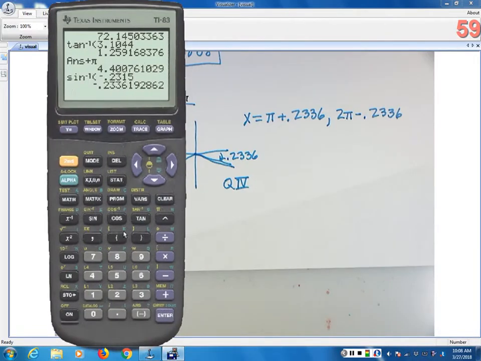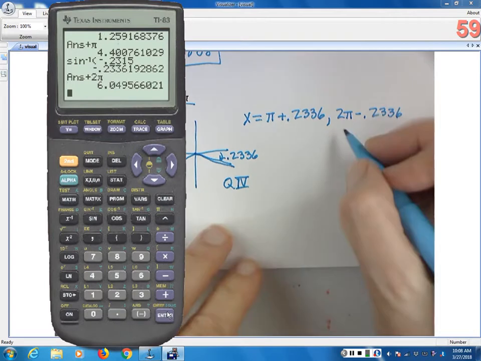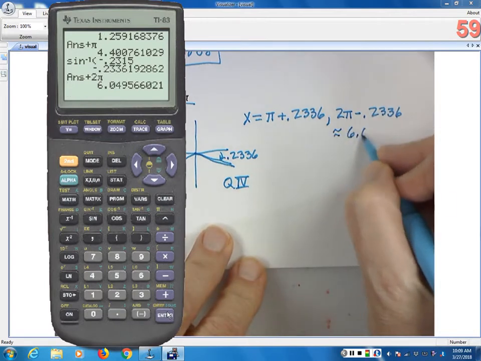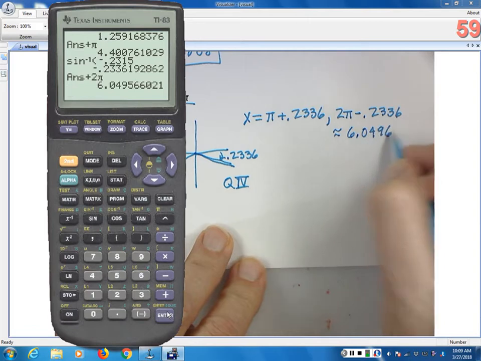Okay, so if I add 2 pi to this answer, 2 second pi, that's that answer. It's approximately 6.0496. That's one answer.